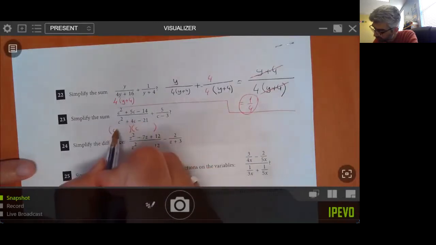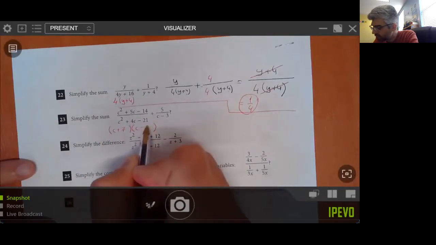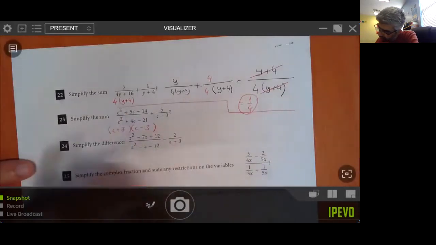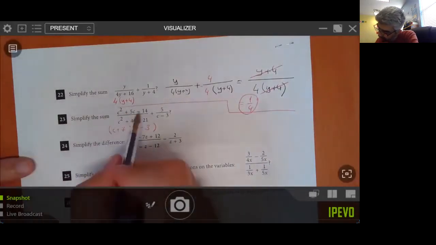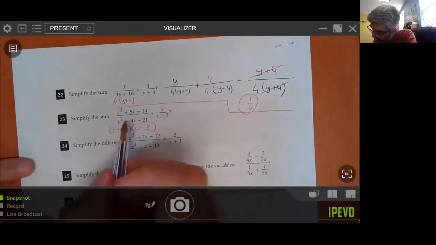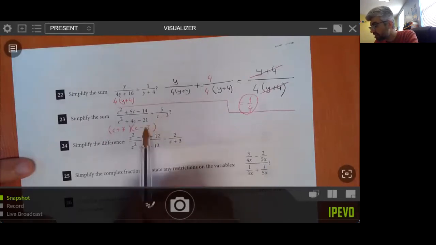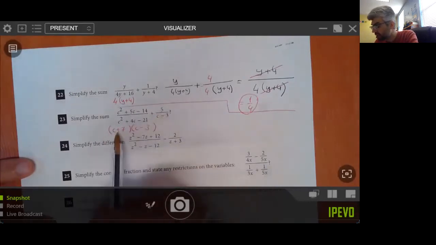And here, since plus 4, the big number is positive, plus 7 minus 3. Okay, what about the numerator? I also factorize this one. And by the way, you see, c minus 3 already both fractions have. c minus 3 is a common factor. It means I have to multiply the first one by c plus 7.